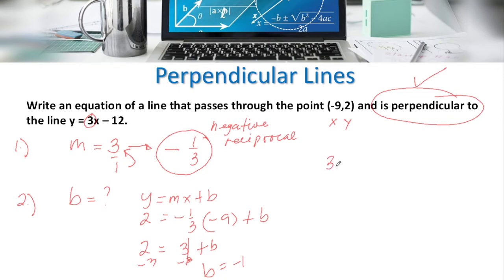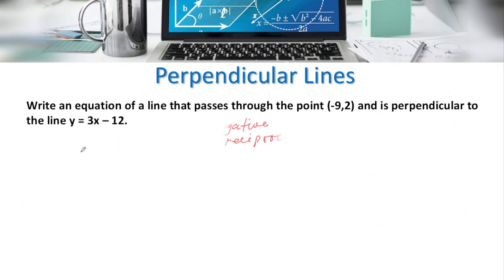And your third step is to write the equation in slope-intercept form by plugging in the slope, which is negative reciprocal, which is negative 1/3, and b, which is negative 1. The other way of writing this is using point slope form.